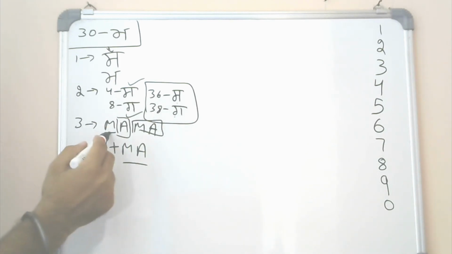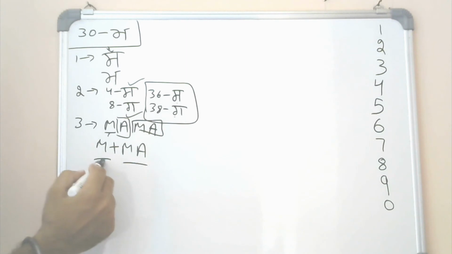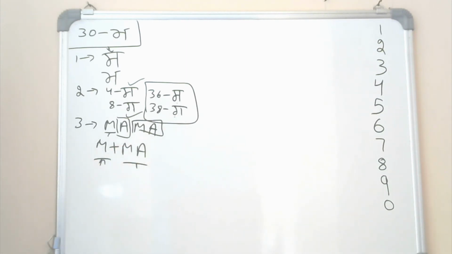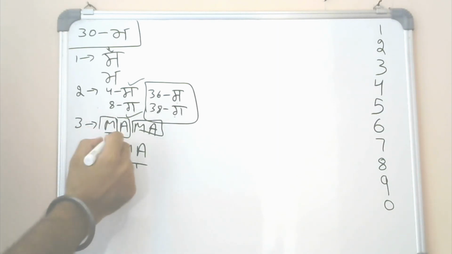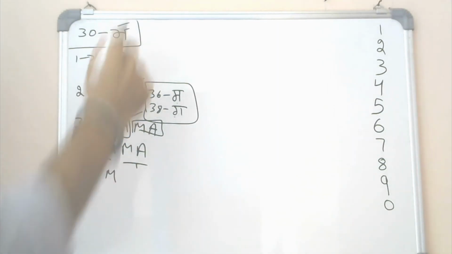I will just use ma and then ma, mama. Fourth step is sound of the letter. The sound of the letter will be ma, like we have in mama. That ma here is the sound of this letter.